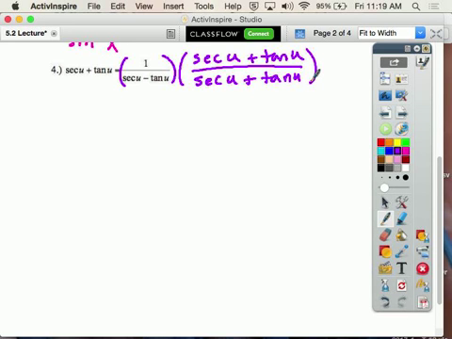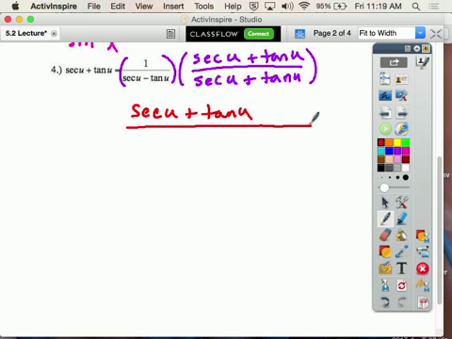And then when I do this, on the top, of course, I will have the secant of u plus the tangent of u, because it was 1 times all that stuff. And down below we see two things inside of parentheses, like a previous example, where we know that if we have x plus 3 times x minus 3, it's the difference of 2 squares when we get done.